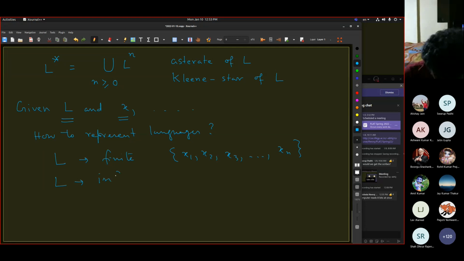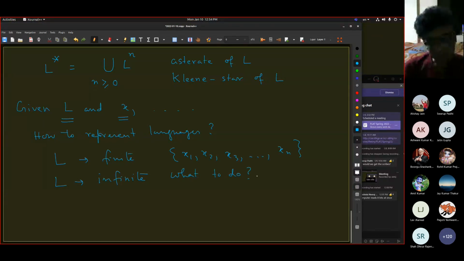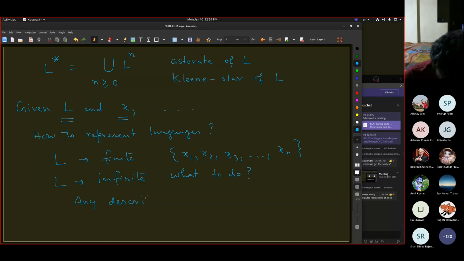If L is an infinite set, then what to do? First of all, I am going to feed the description of L to a machine. So one important thing is that any description of L must be finite.